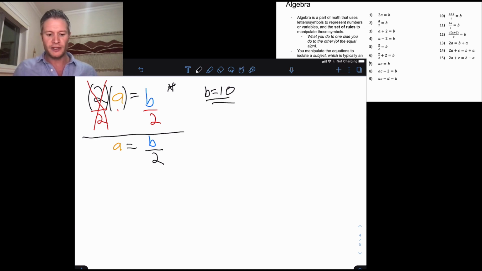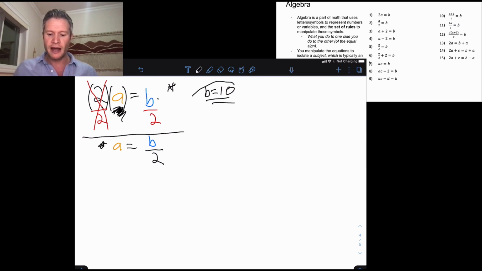When we're first given this equation with 2a equals b, that's all fine and well, but if we're trying to figure out how much a is, we can't do that math. It doesn't really work that way. So what we need to do again is get a by itself on one side of the equation, like we did here for the second step.